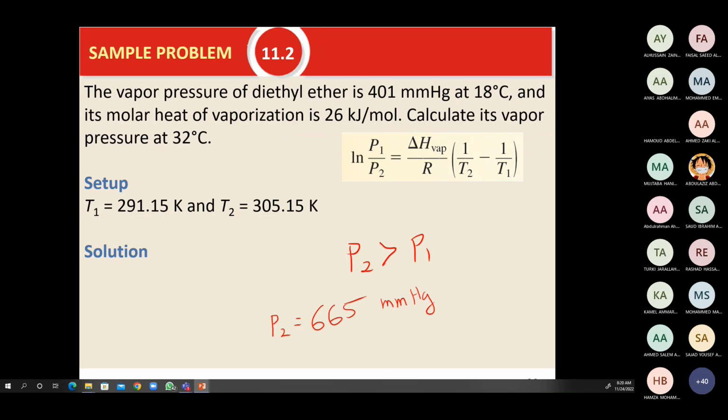Anybody else? 656. No problem, 656 is the correct answer, and I hope you know how to do it. There will be a question in the next quiz, inshallah, exactly similar to this one. Only the numbers are different. Clear? Very good. Be ready for it.